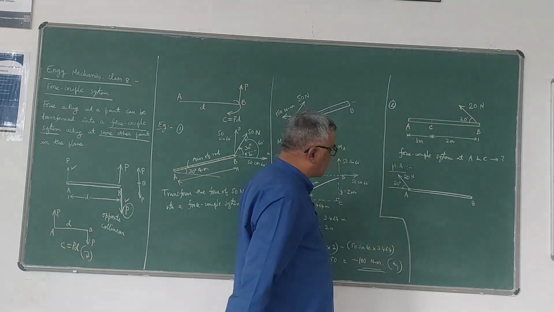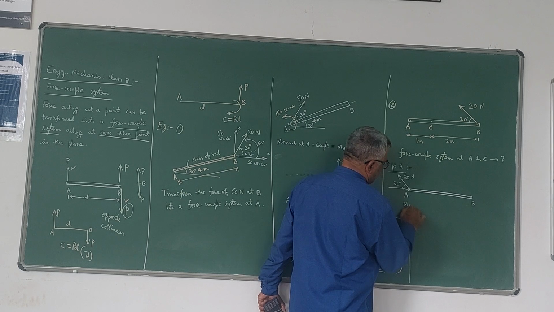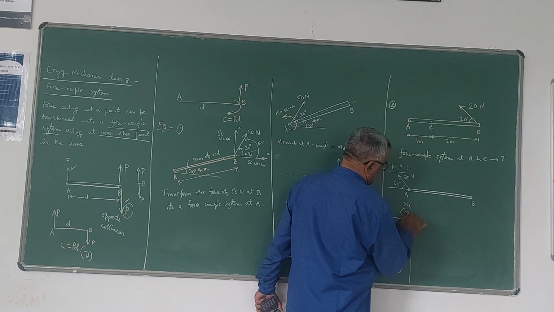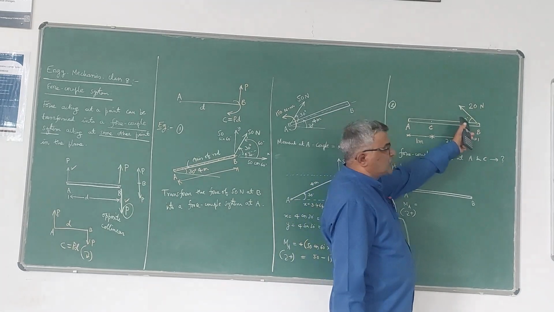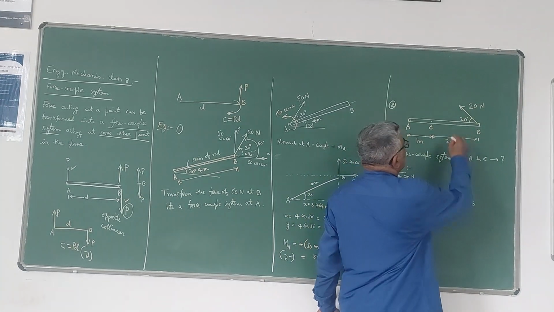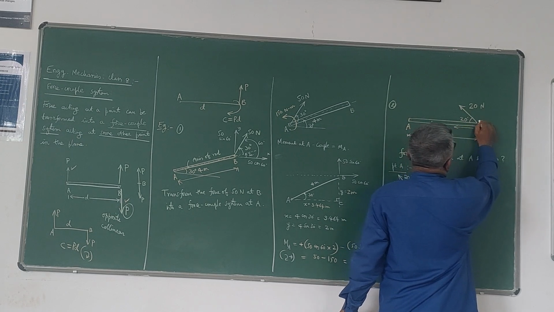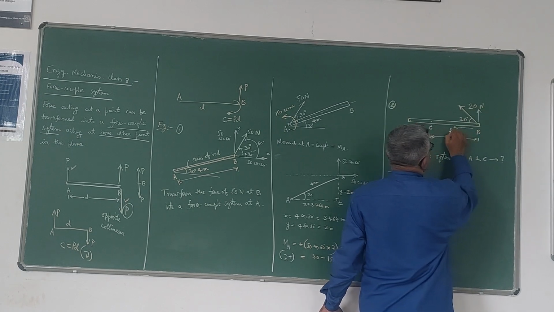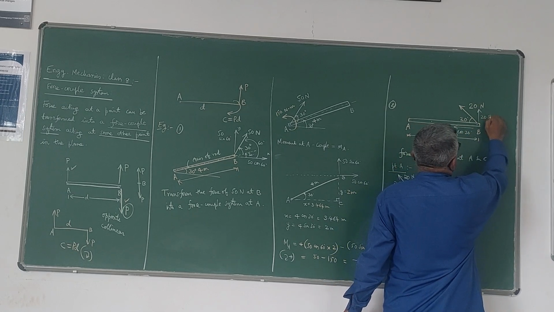Now I have to calculate the couple, which is nothing but MA, taking clockwise positive. I have to resolve this into components. The horizontal component will be like this, the vertical component like this. So this is 20 cos 20, this is 20 sin 20.